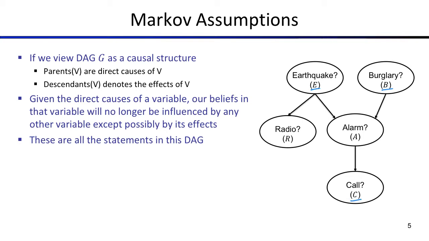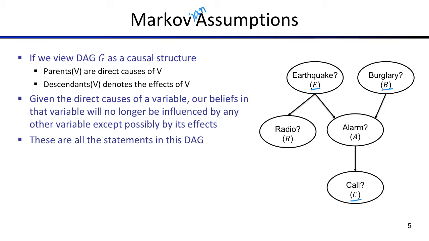And what the Markovian assumptions are telling us is that given the direct causes of a variable, our beliefs in that variable will no longer be influenced by any other variable except its effect, right?